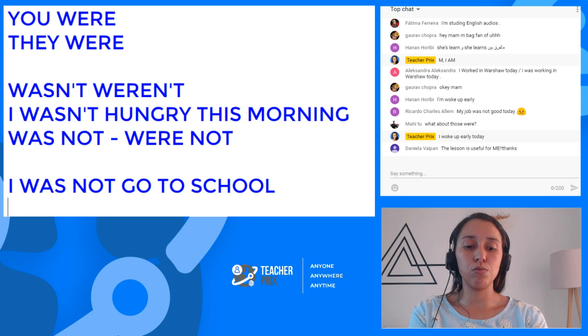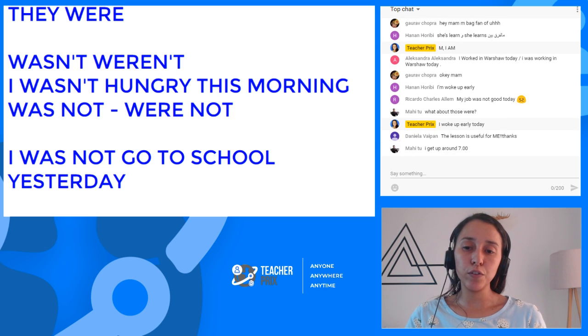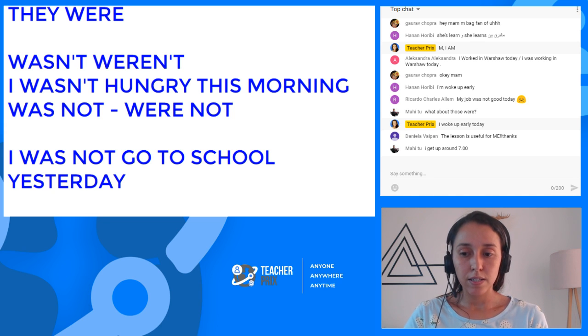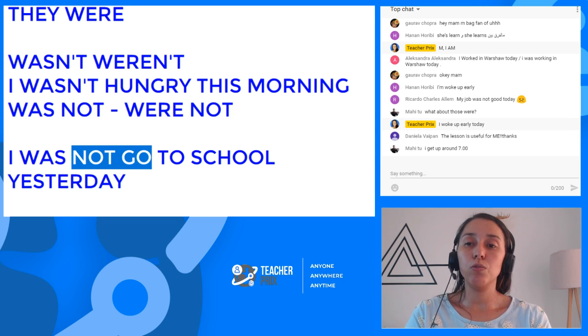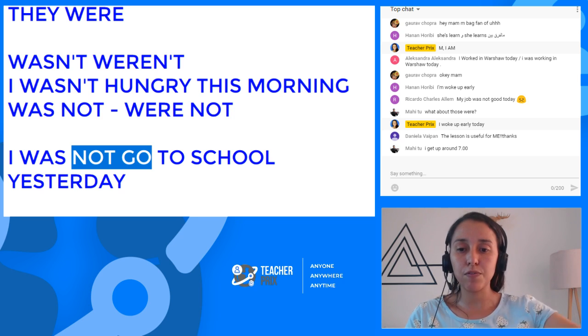I was not go to school yesterday. It's the same kind of problem that English learners have when they're talking in the present. It just repeats itself when you're talking about the past. Here, we're talking about something that you did not do. You didn't go. So go is the movement of action of going to one place from another.